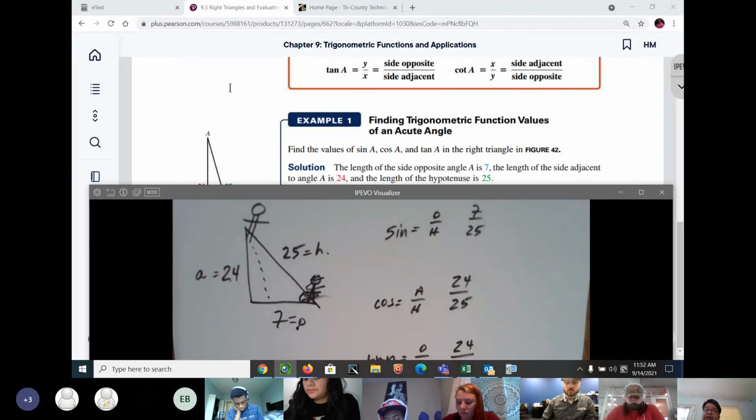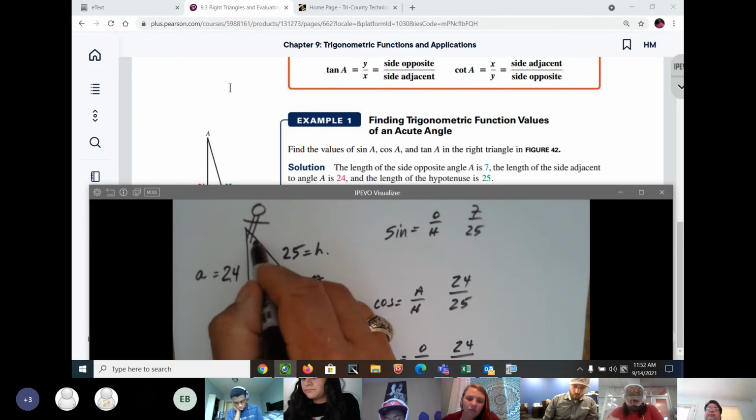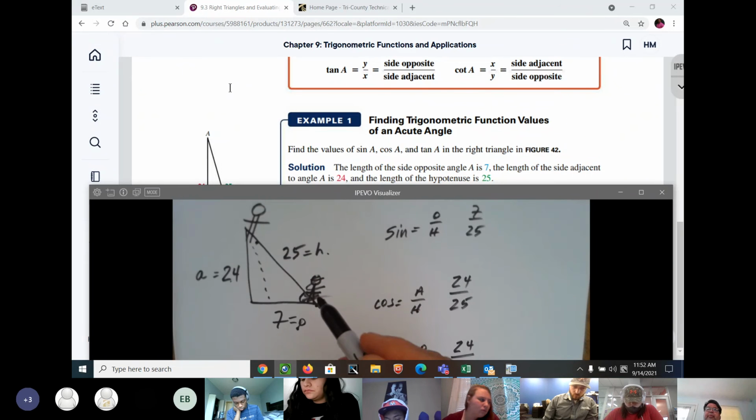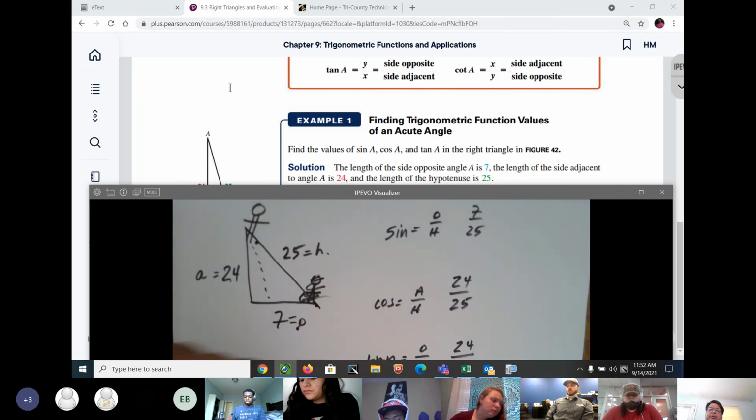Now, what they're doing is they're changing the little man. The little man used to be down here. And in this section, they're putting him up here. Does everybody understand that? That's basically the difference between the two sections.